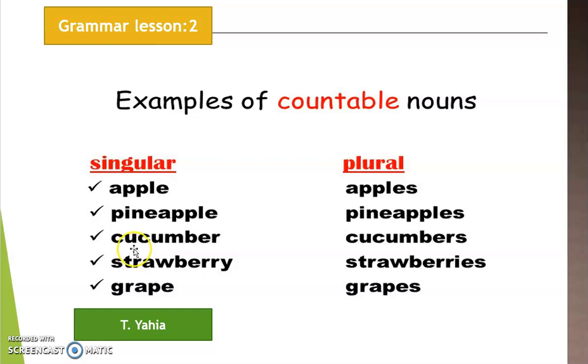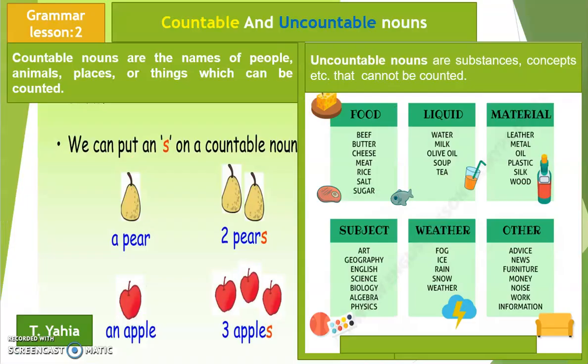Here we have the cucumber and here the cucumbers, the strawberries. And the last, the grape and grapes. So here, simply by adding s to form their plural nouns. So these are the differences between countable and uncountable nouns.